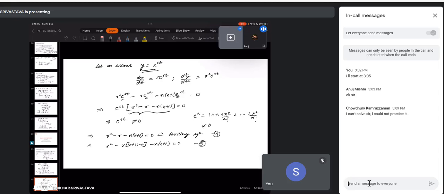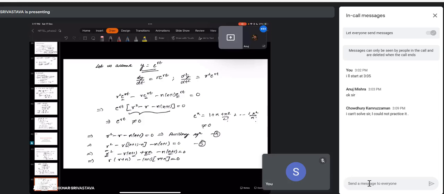I've just tried to rewrite in this form. Why? Because it will be clear. Now just take common, so it will become r squared plus rn minus rn minus r plus n... Now you can take r common from this and this, leaving r plus n, and then you take n plus 1 common from this and this, so we get r plus n.